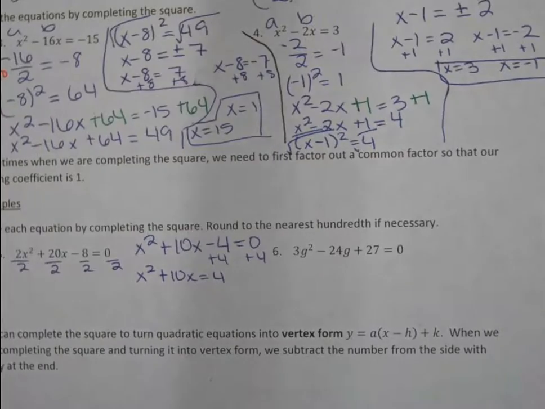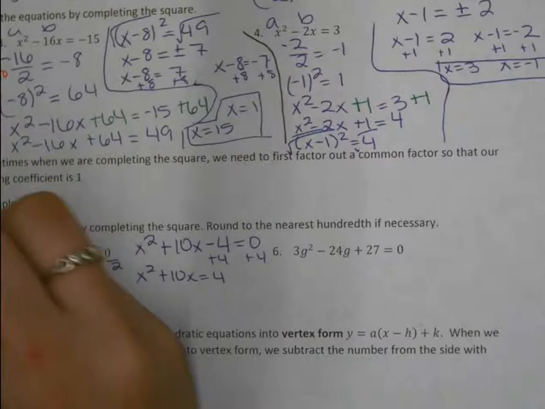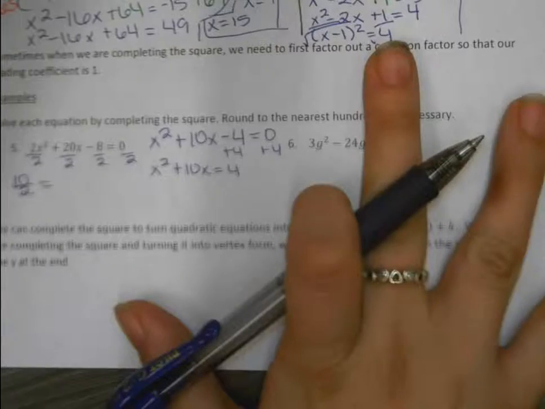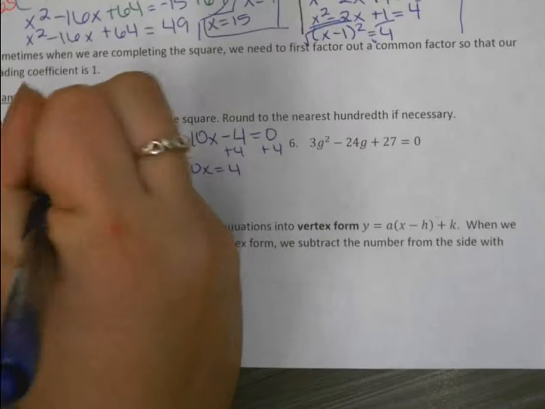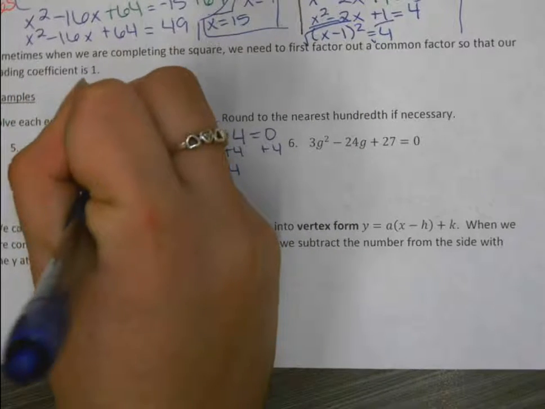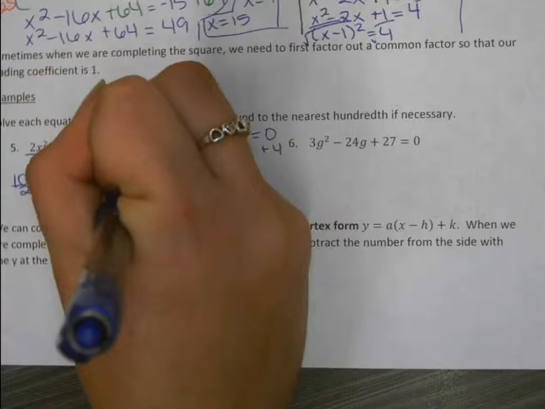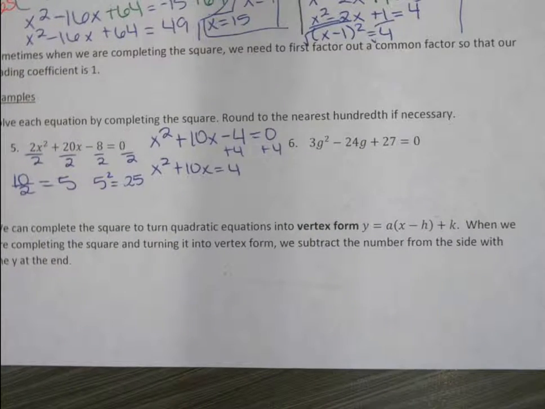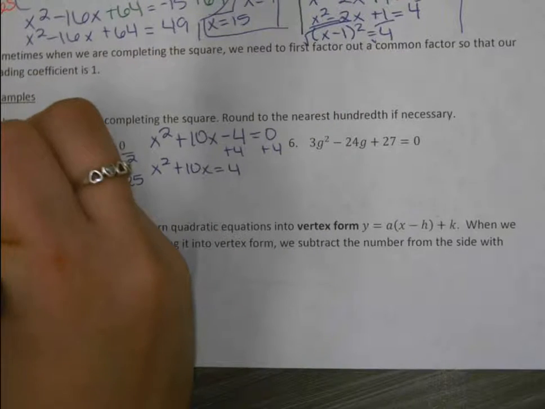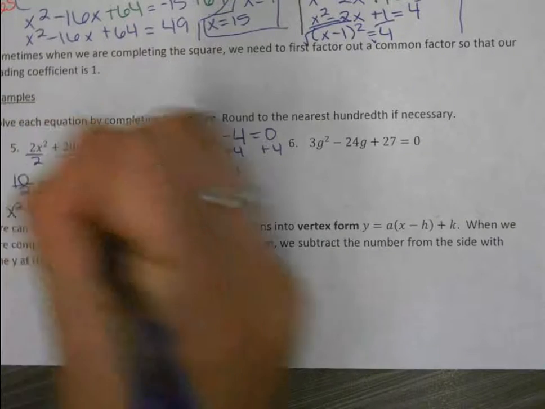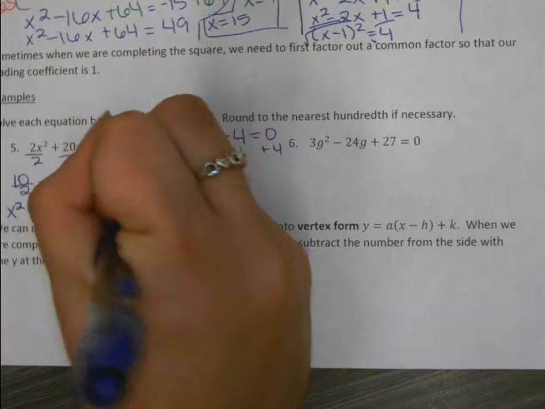Okay, so then I want to figure out half of 10, which is 5. 5 squared is 25. So then I'm going to add 25 to both sides. I get x squared plus 10x, and it's really 9, plus 25 equals 4 plus 25.